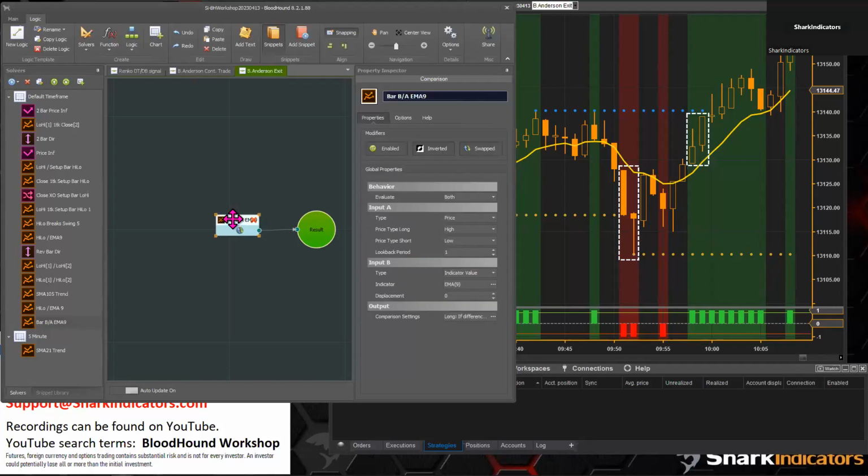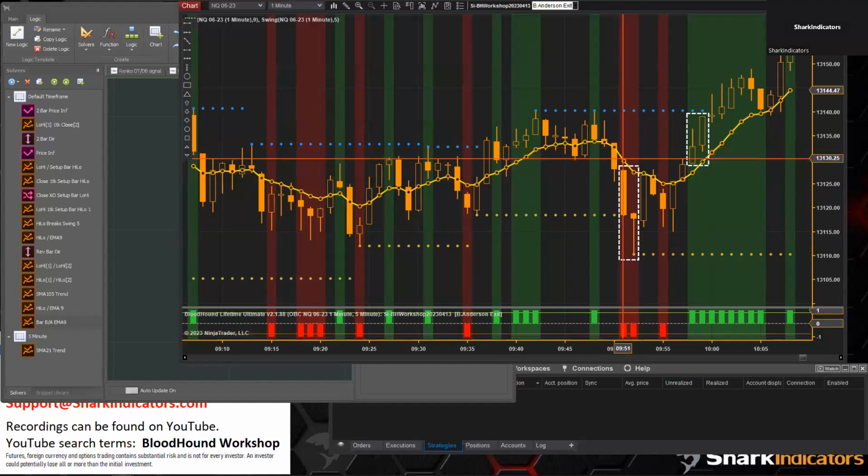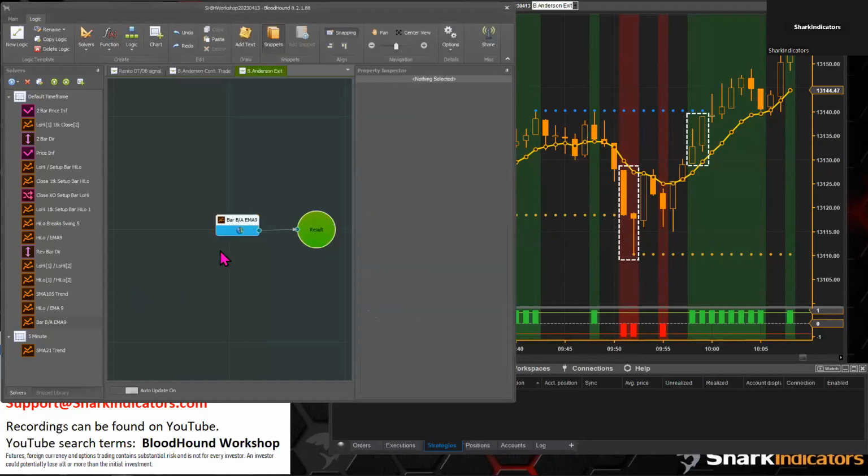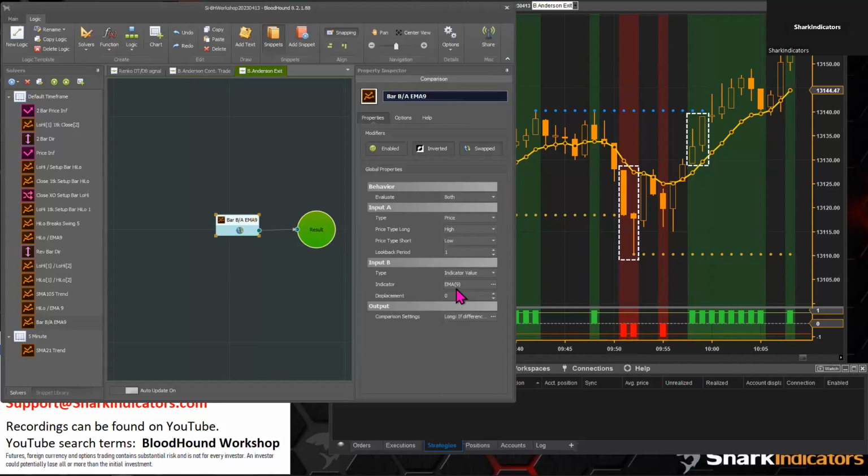And again, just to be clear here, if you want your exit signal to be looking at the 1 minute bar, but comparing it to the 5 minute EMA, then you need a custom EMA that can run on the 5 minute time frame by itself, right?